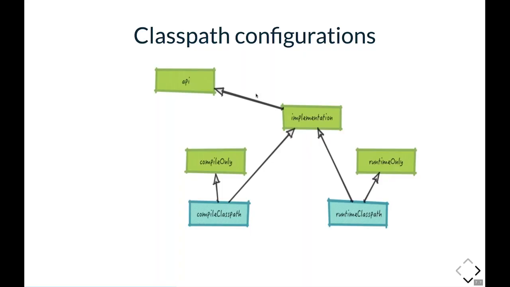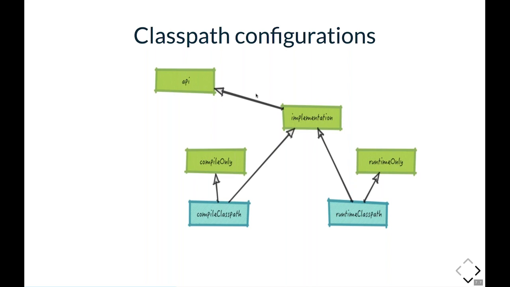So how does that get represented? Well, Gradle creates class path configurations. And so on the one hand side, you've got the compile class path, which extends implementation and compile only. And so that means that any dependency declared in API, in implementation, or in compile only ends up in that compile class path. On the other hand, we've got a runtime class path, extends implementation and runtime only.